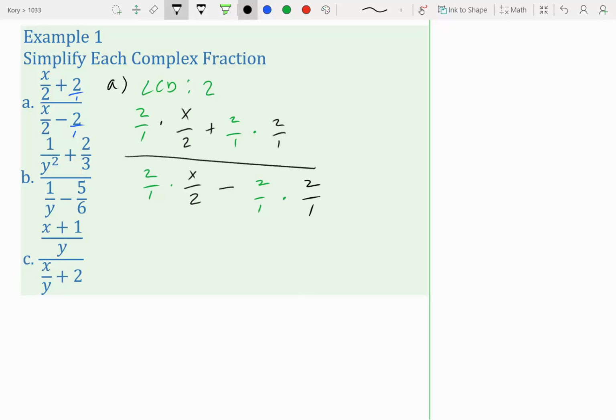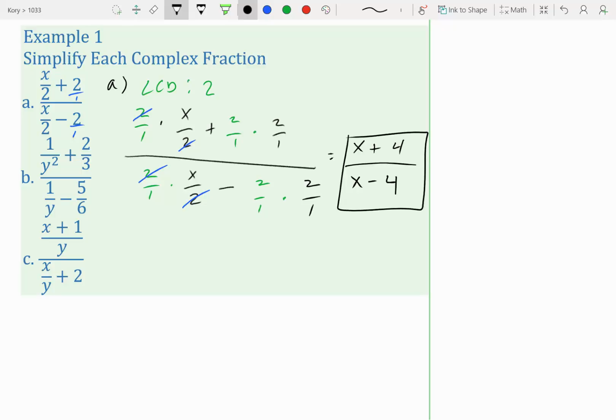Now we're going to cross things out that are the same. Diagonally, we cross them out, and you see it clears out the fractions. Now every single denominator has 1 in it. So let's write what we have left over. We have x plus 2 times 2, which is 4, over x minus 2 times 2, which is 4. There we go, we can't simplify anymore.